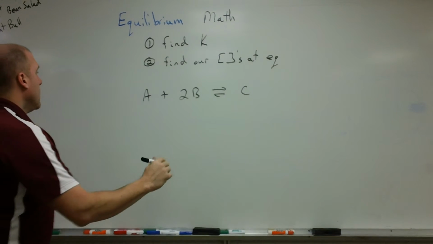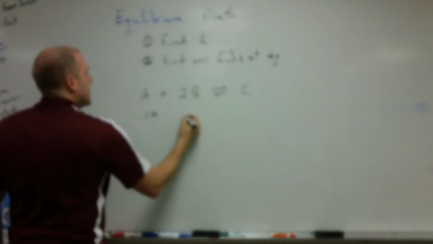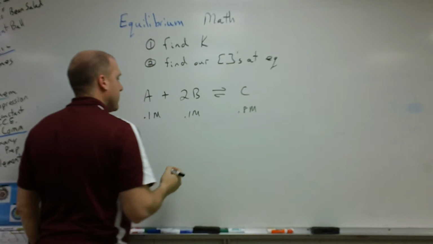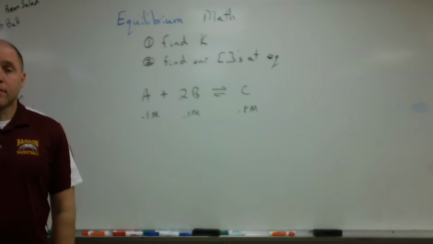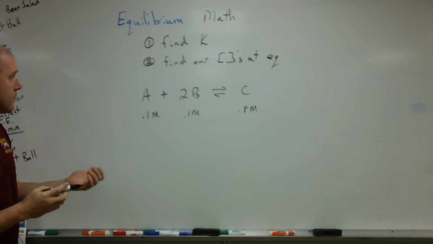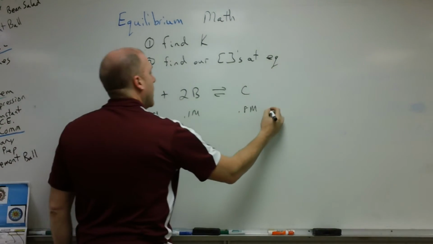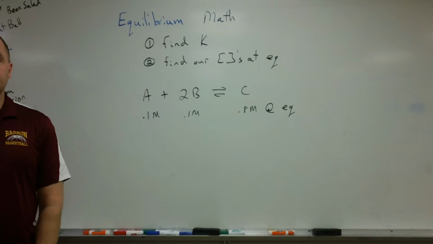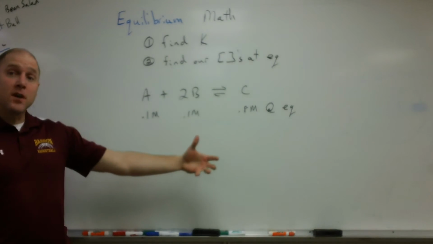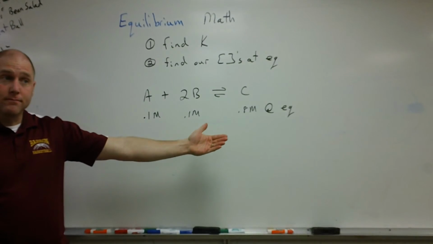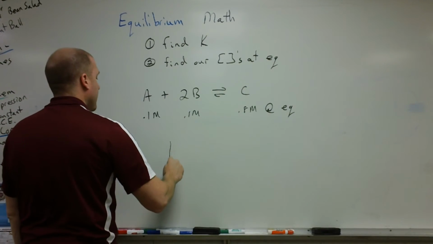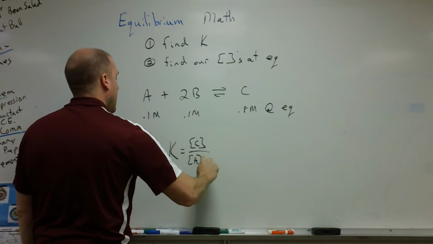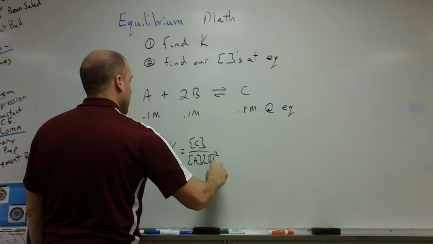So let's say this is 0.1 molar, this is 0.1 molar, and this is 0.8 molar, and this was at equilibrium. Again, the first thing you have to do is write a K expression. So K equals the concentration of C over the concentration of A times the concentration of B squared.